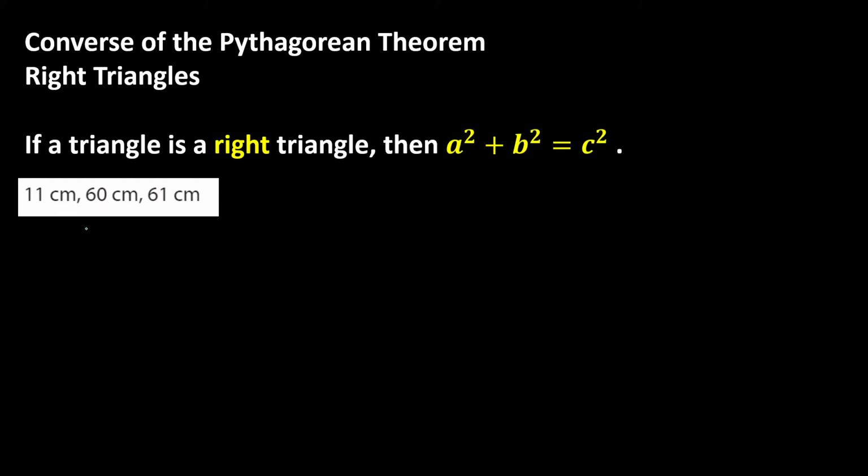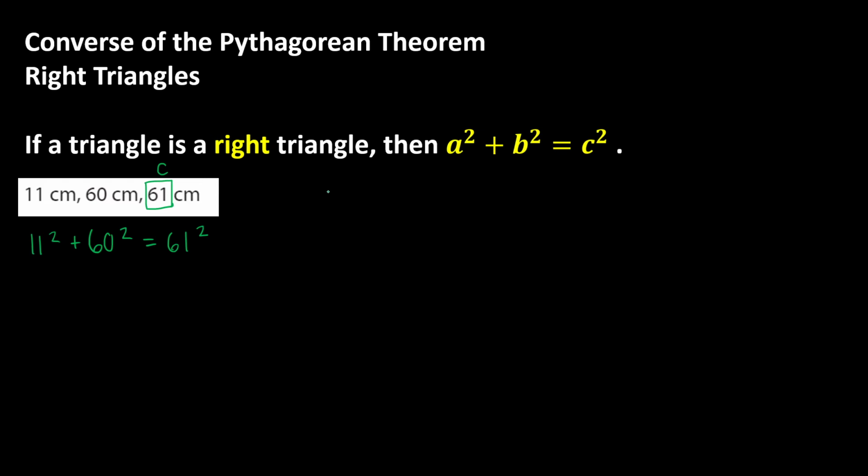Given these 3 side lengths, 11 centimeters, 60 centimeters, and 61 centimeters, I know that 61 is the largest value here, so that is the longest side. This is going to be c in my theorem. So I'm going to plug in what I know. Let's switch things up a little bit. I don't have to write 11 squared plus 60 squared equals 61 squared. 11 squared and 60 squared can be flipped.